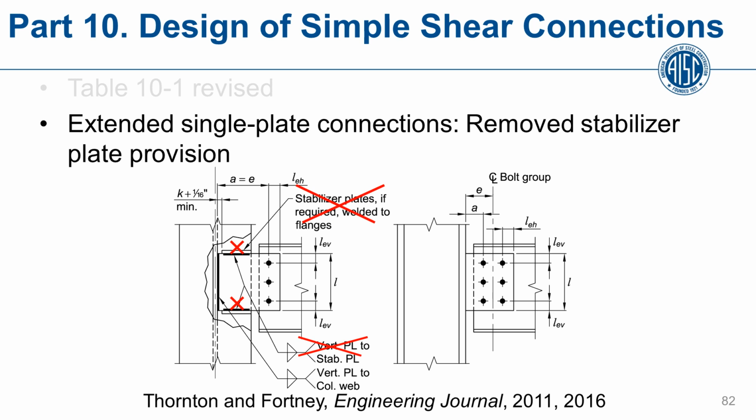So the whole method of using stabilizer plates for extended single plate shear connections is no longer included in the 15th edition manual. But what is included as well is a method to design double row extended single plate shear connections as well. So again, you don't have to use stabilizer plates any longer, and there's a new method for double row single plate shear connections in the 15th edition manual.